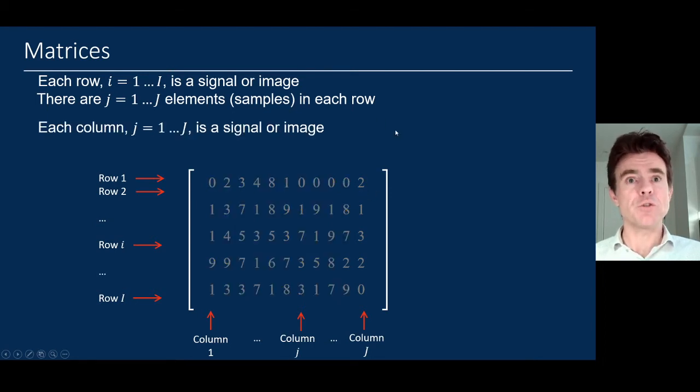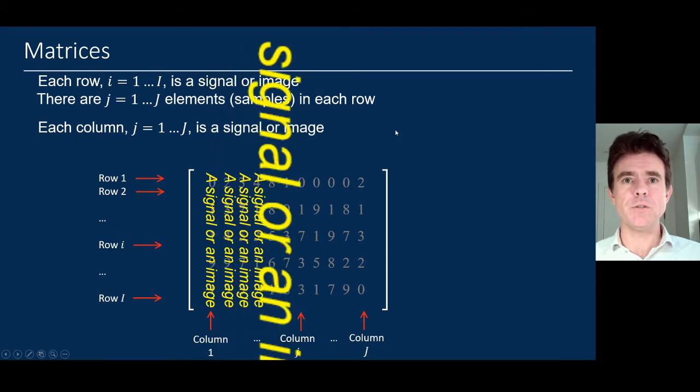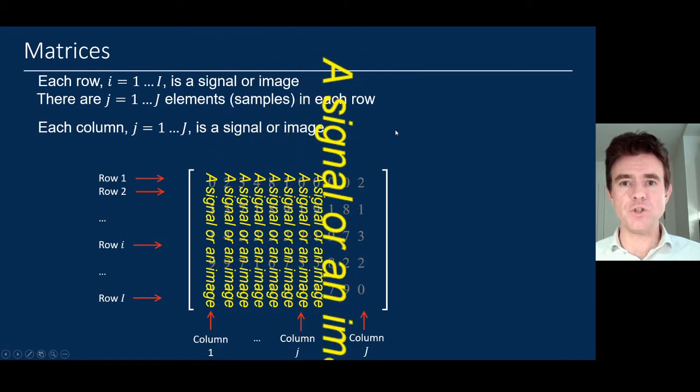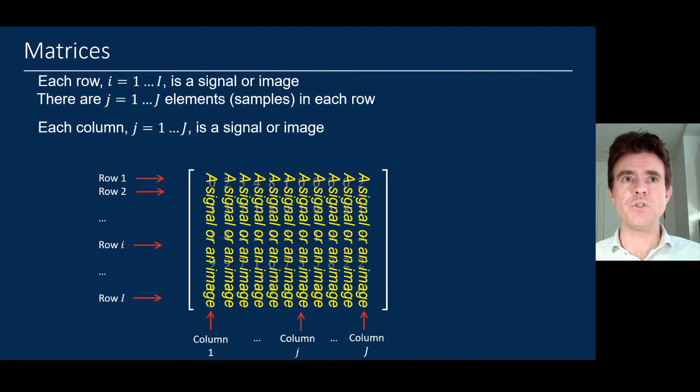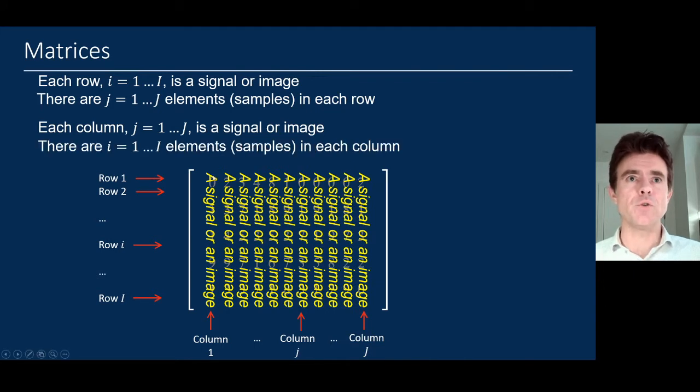But as we know, each column can be regarded as a signal or an image, because each column is a list of numbers which is a vector. And of course, therefore, how many elements are there going to be in each column? Well, there are going to be as many elements as there are rows in the matrix. So therefore, i equals 1 to capital I elements or samples in each one of those column vectors.